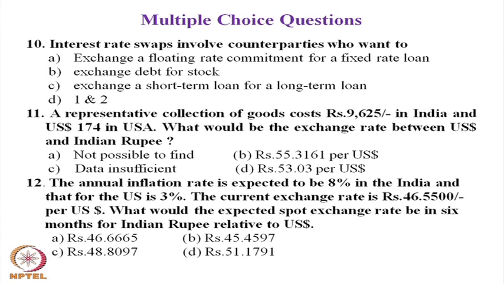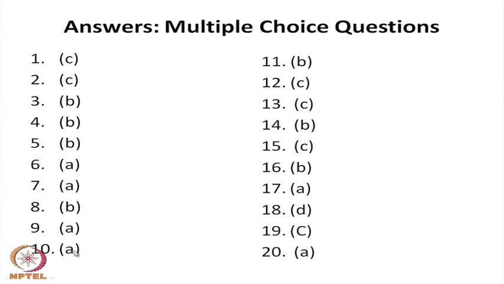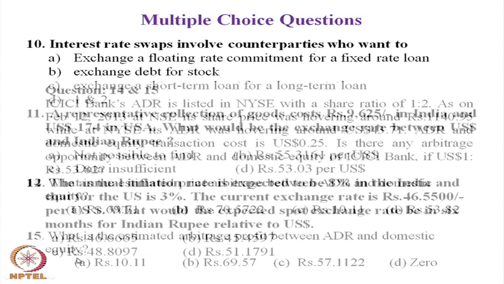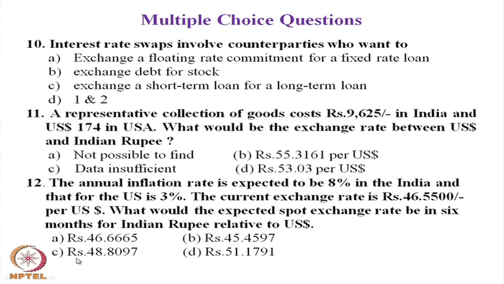The question number 10 answer is also A. So, what is question number 10? Interest rate swaps involve counterparties who want to exchange a floating rate commitment for a fixed rate loan.